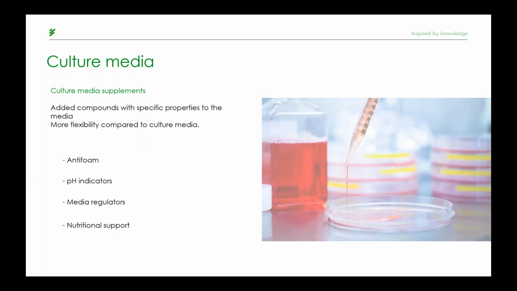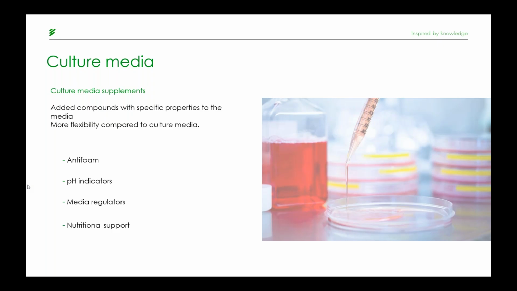As I said before, media are usually supplemented with different compounds. These additives, called supplements, could be for example the fetal bovine serum, or many others with different effects. These supplements give more flexibility to the culture media. The main kinds of supplements are the fetal bovine serum and the antifoam.